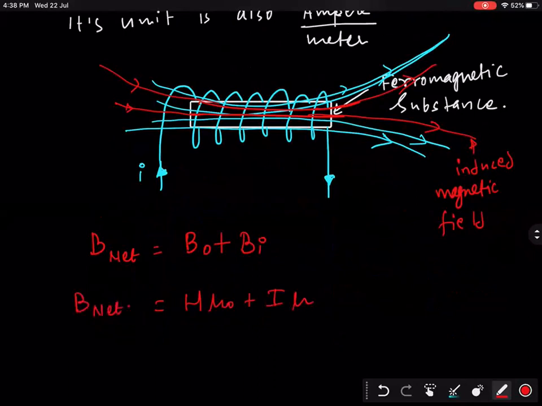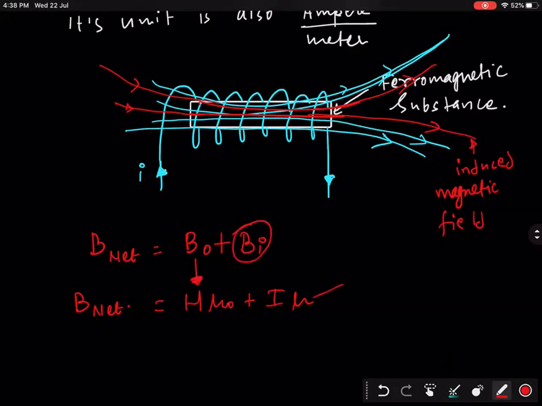Yes, sir. 100% agree with this equation. Hopefully you understood what B naught represents. B naught represents the external magnetic field created by the current carrying solenoid, and Bi represents the induced magnetic field inside the ferromagnetic substance.